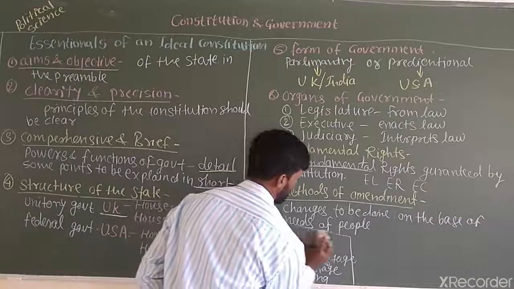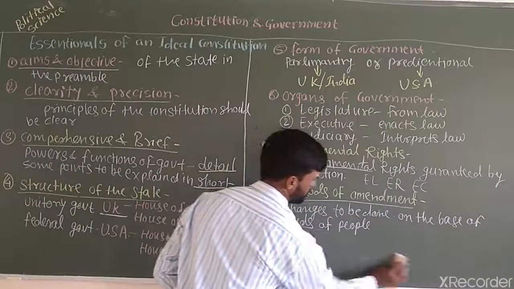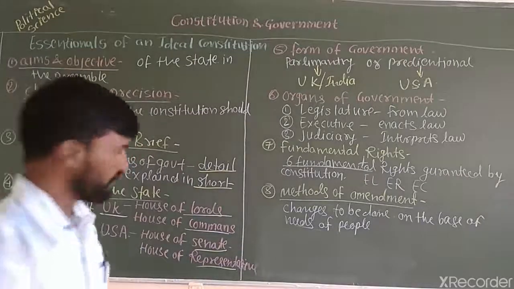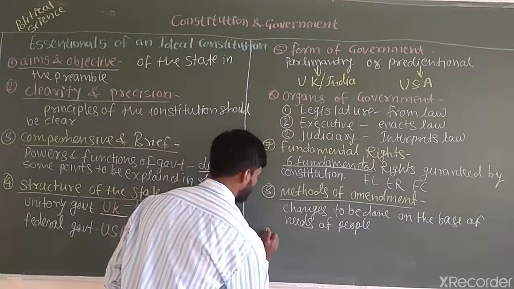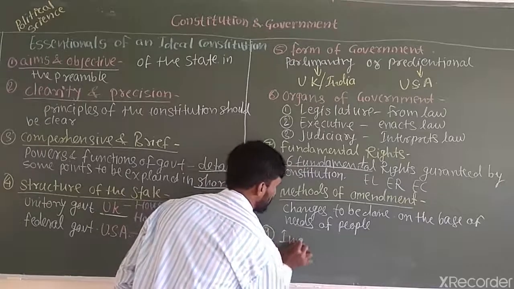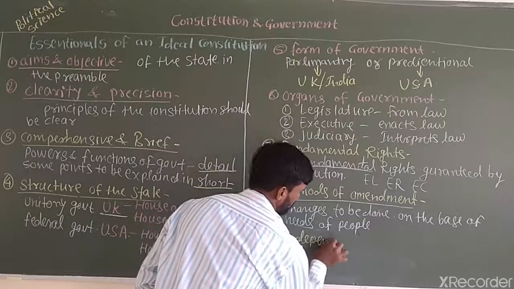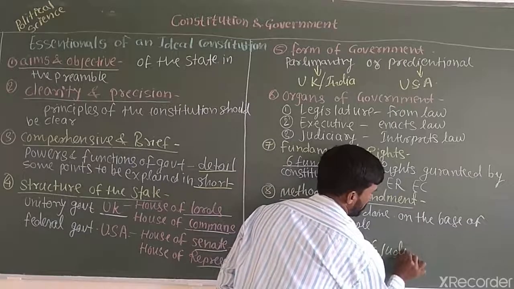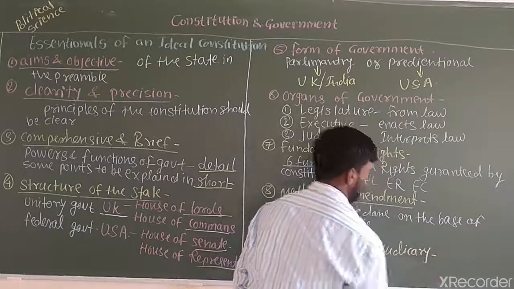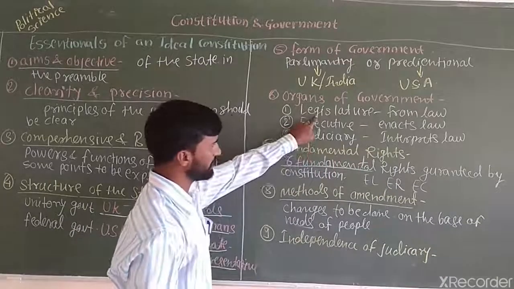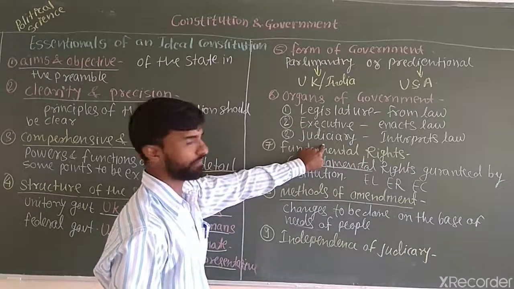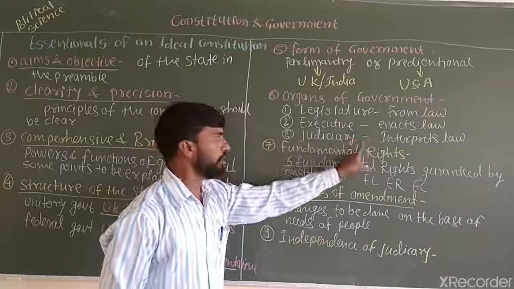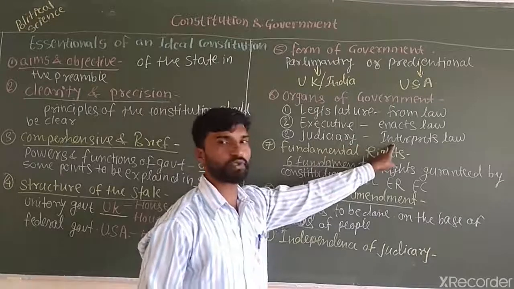And the last point is the essential of an independent judiciary. Independence of judiciary. In the Indian system we can see legislature, executive and judiciary. Legislature frames law, executive enacts law, whereas judiciary interprets law.